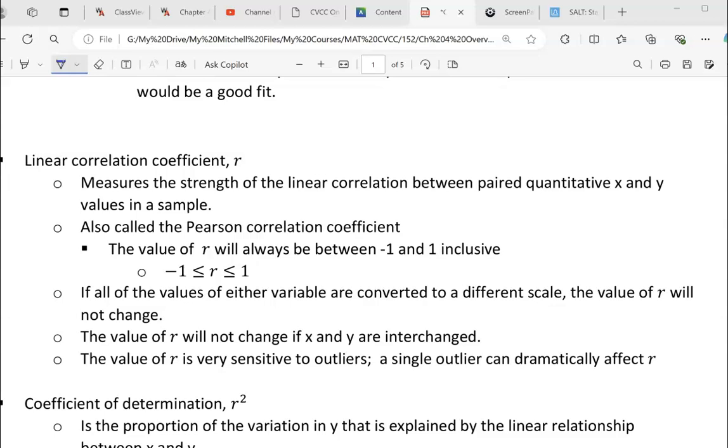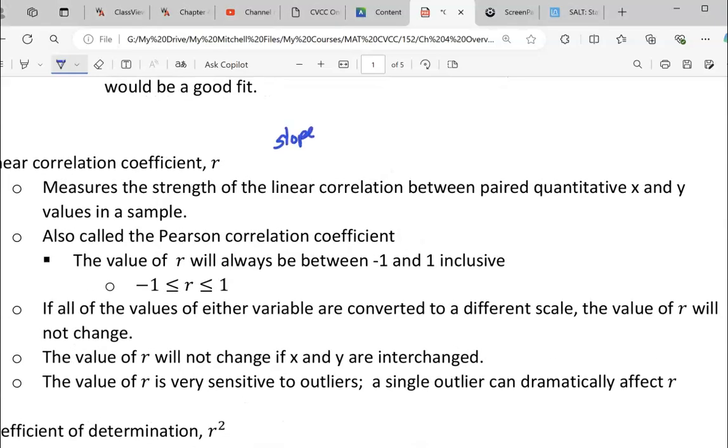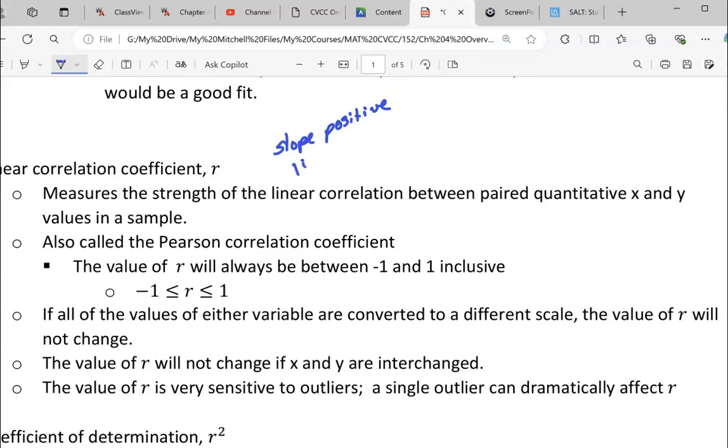If our slope is positive, that means our line is increasing, which means that R is going to be positive.